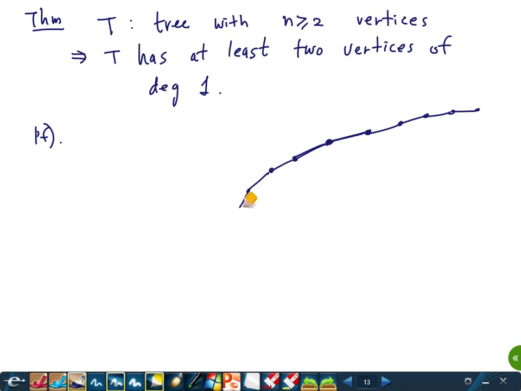The degree is 2, right? And the graph is finite. You cannot go forever, so you have to stop at some point here, and also you have to stop at some point here. That means you have to have vertices of degree 1. That's basically the idea. But I'm going to explain that in sentences. But you can first get the idea like that.